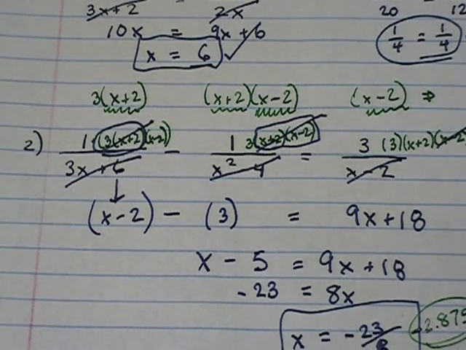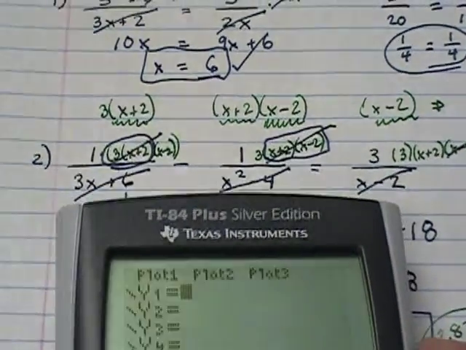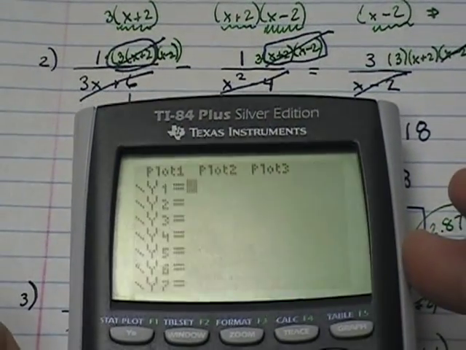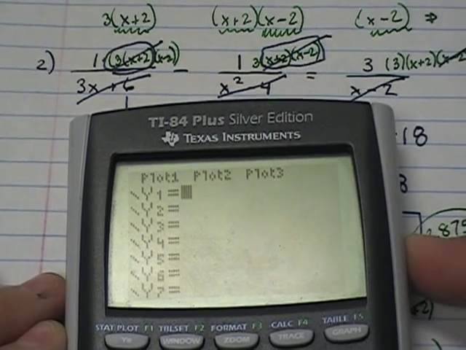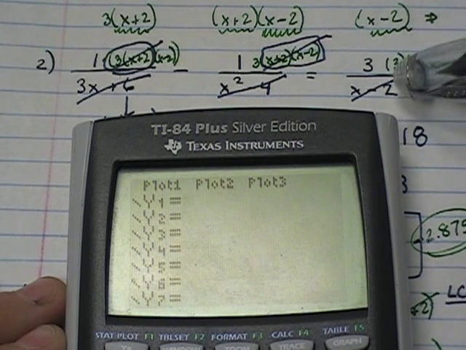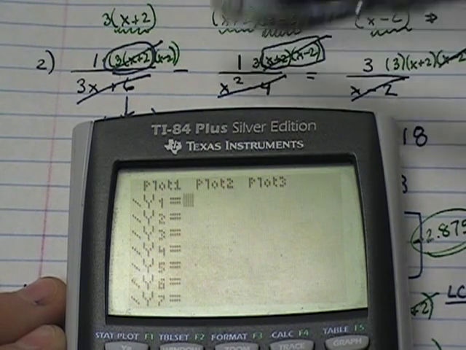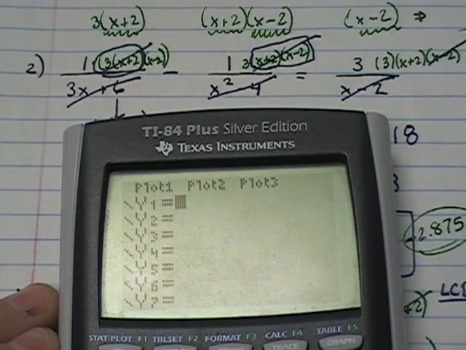Now, I want to show you something. If I take my calculator and I type in to y1 the original equation set equal to 0. Now, to set it equal to 0, you're going to have to move this term to the left-hand side. Okay, so I'm going to type this in.